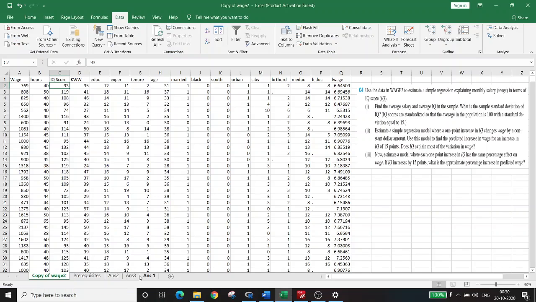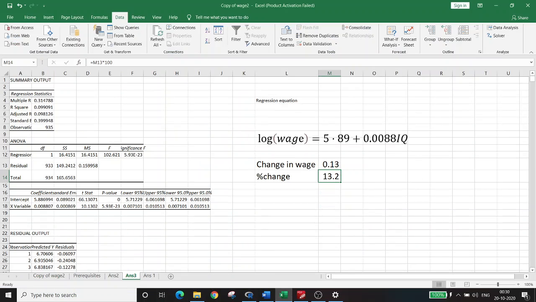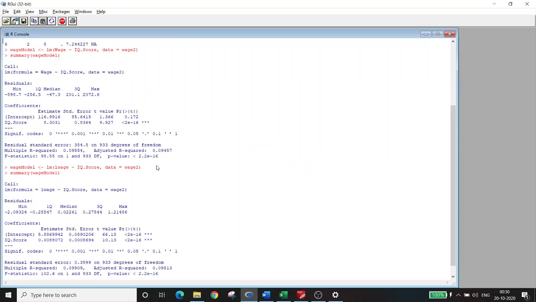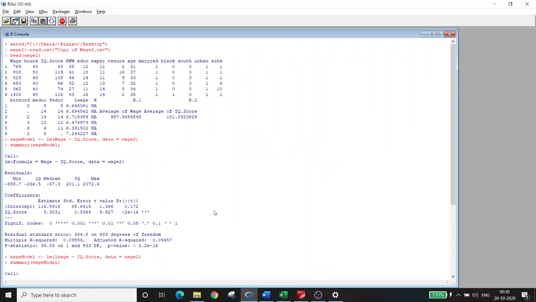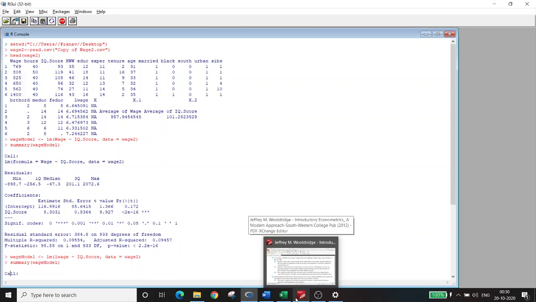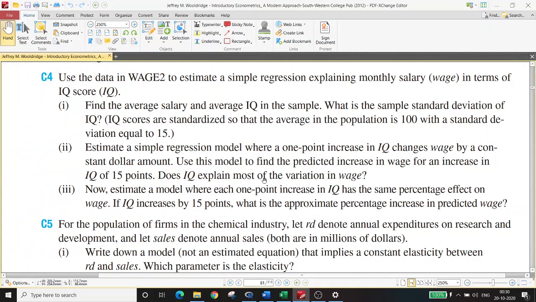These are the same results that we had obtained here as well. So you can solve this question in any of these softwares. I've used Excel and R, and it depends on your convenience which software you want to use to solve this question.